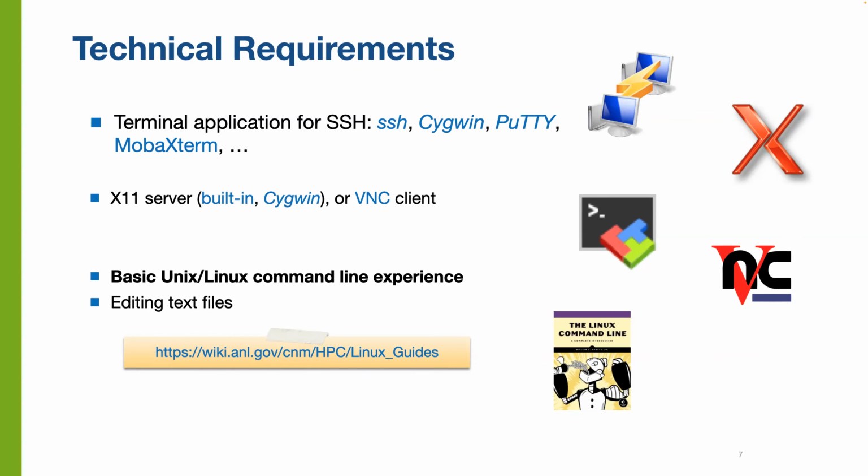Yeah, and then what I have bolded here, in order to use this system, Carbon, your users, or you, need basic Unix or Linux command line experience. You need to know what the basic directory structure is for your home directory.